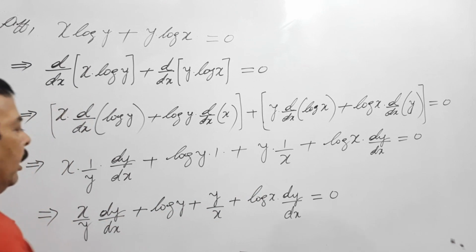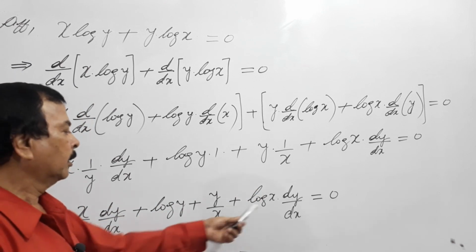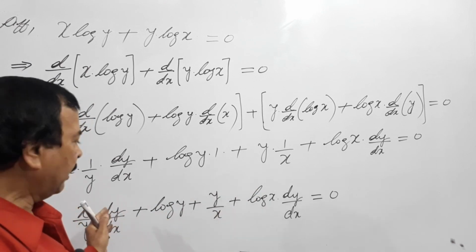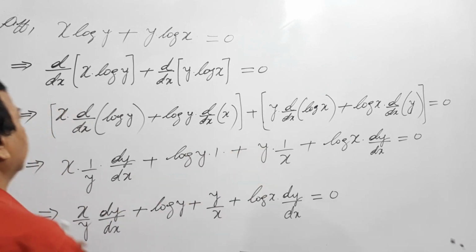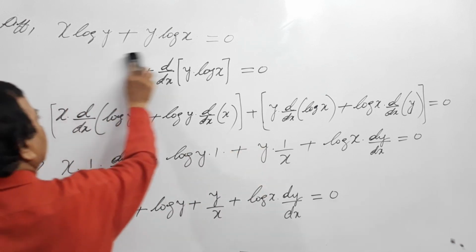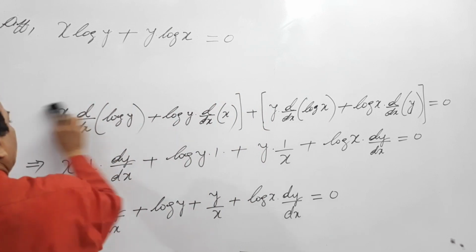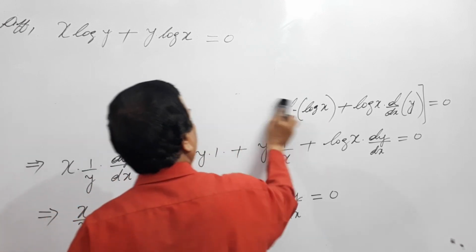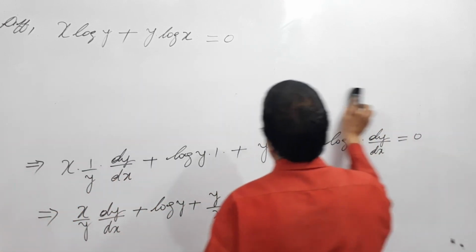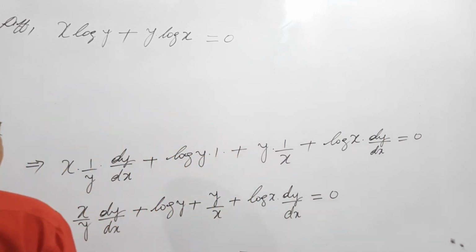Okay. Now what I will do, I will try to bring dy by dx on the left hand side and the remaining things on the right hand side. So what happens here?